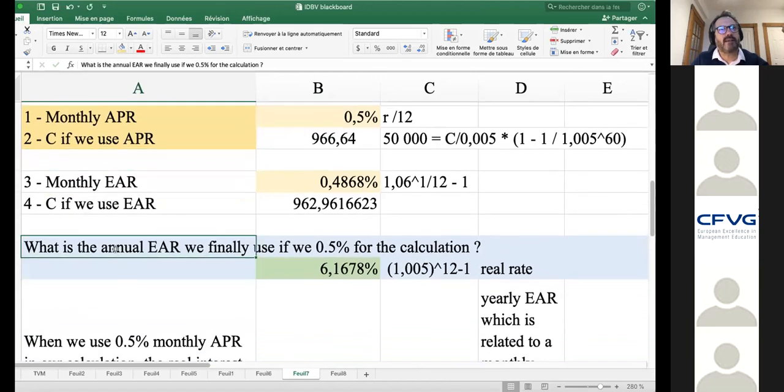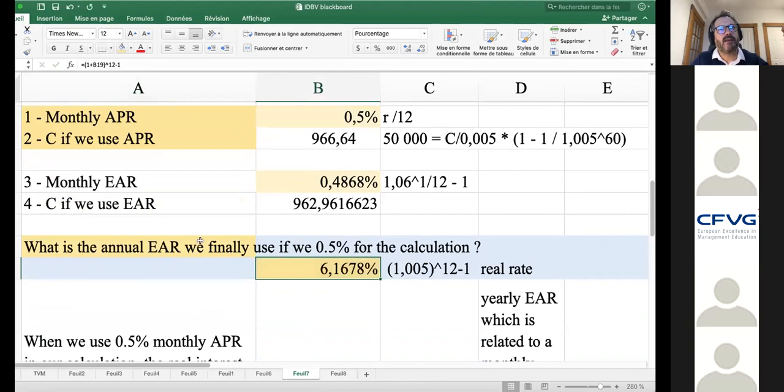And usually you are also asked to recalculate the yearly EAR, which is linked to this. Okay, this is usually how it works. Do you understand? Do you have any question in the chat? No question? Okay, so it seems that it's okay.